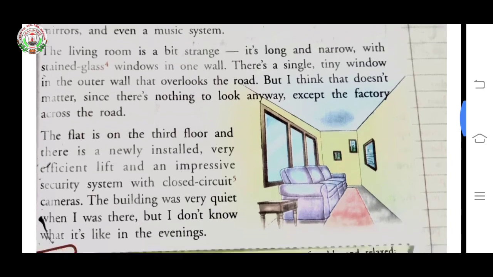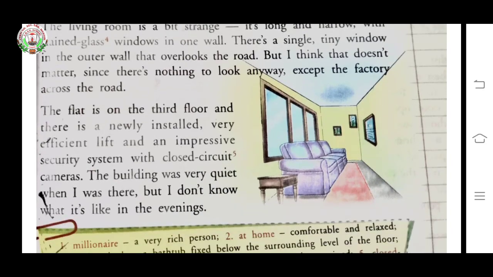Now what she is saying: the flat is on the third floor and there is a newly installed, very efficient lift and an impressive security system with closed circuit cameras. The building was very quiet when I was there, but I don't know what it's like in the evening. Now she's talking about the building. The flat is on the third floor, like first floor, second floor, third floor.